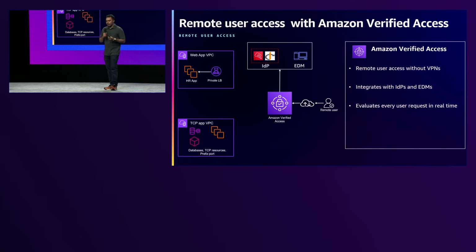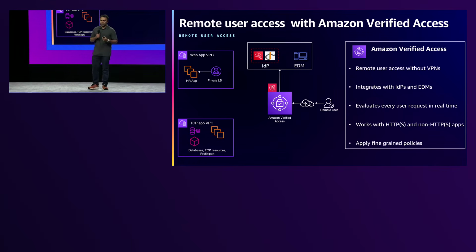Now with AVA, every user request is evaluated in real time, and it works with both HTTP, HTTPS, and non-web apps as well. For web apps, it's a best practice to associate WAF with your AVA instance so that you can provide the protection that a web application firewall provides.